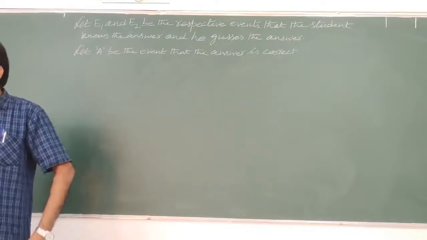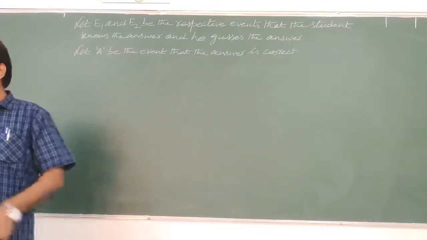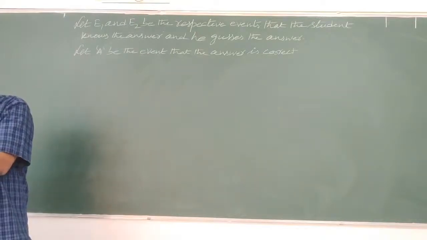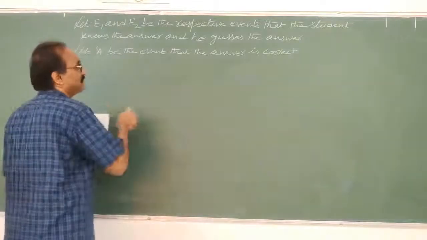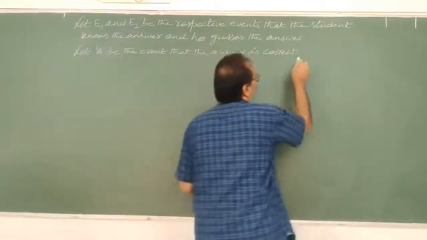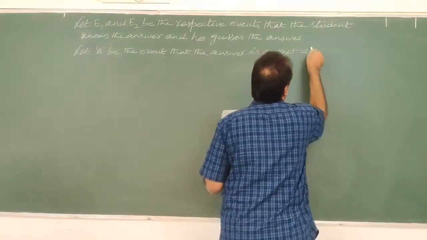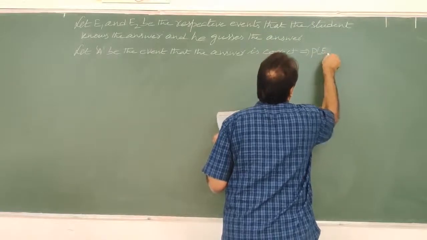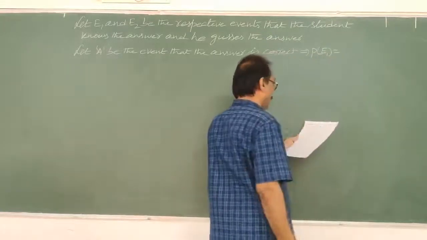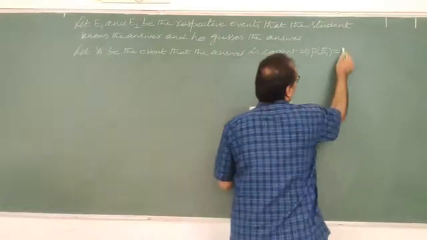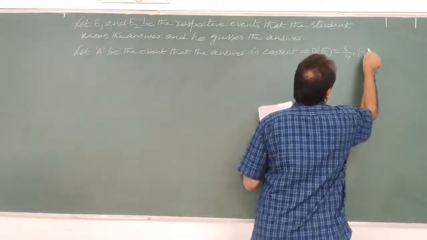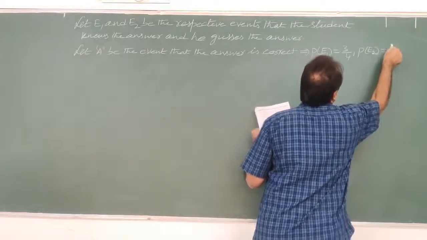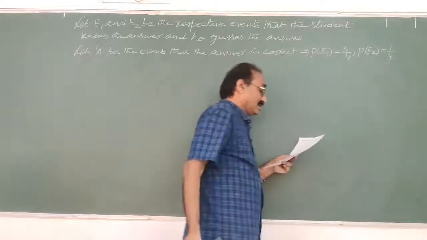Okay, now once you know it, you should write P of E1 and P of E2. This implies P of E1 is 3/4, he said. P of E2, guessing the answer, is 1/4.